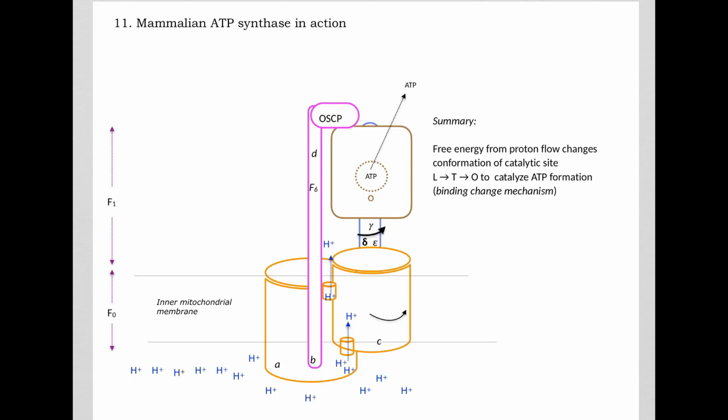So to summarize, the free energy from proton flow is basically changing the conformation of the catalytic site from L to T to O in order to catalyze ATP synthesis from ADP and Pi. This is called the binding change mechanism.